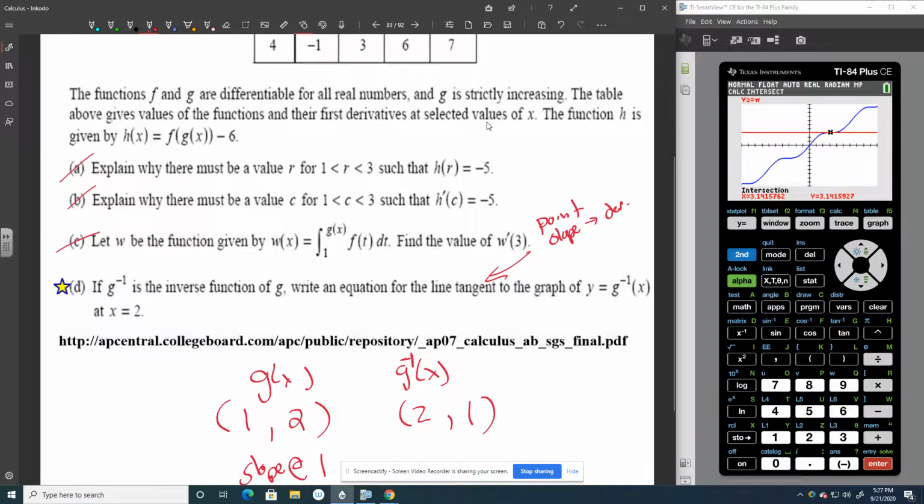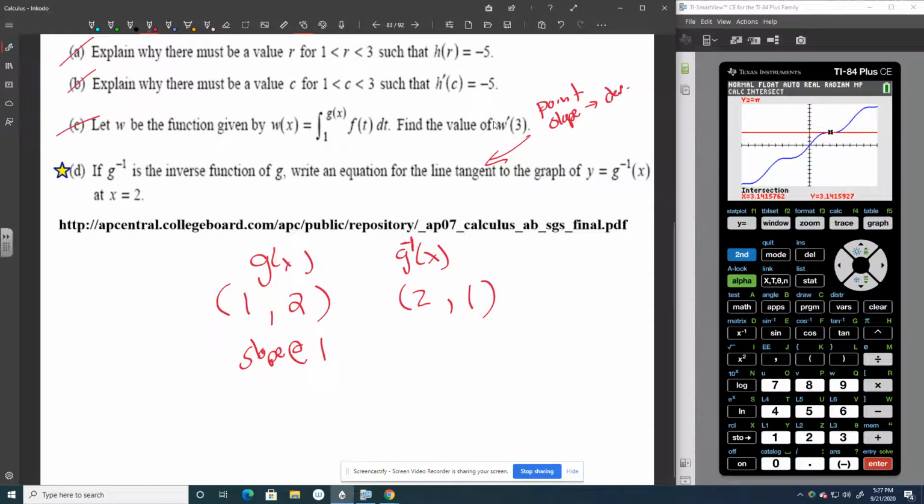So my slope at 1 for my original function is 5. For my inverse function, when x equals 2, my slope is going to be the reciprocal of 5. It's going to be 1/5.